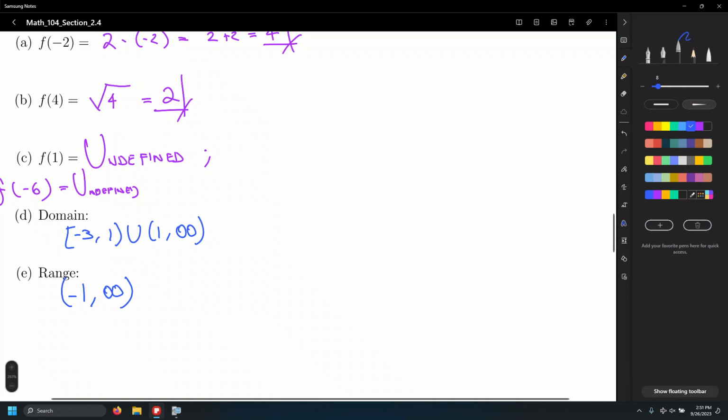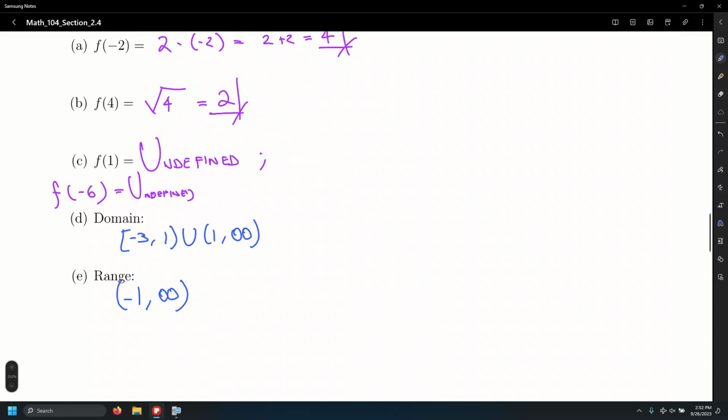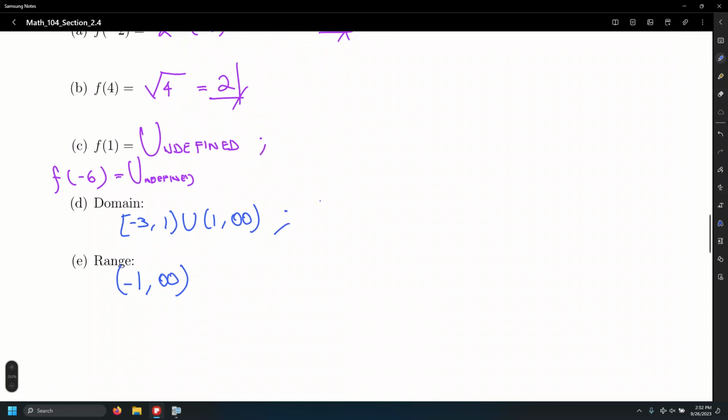Now, how do we express the domain and the range using set builder notation? Because again, we need both notations. So that's the set of x such that, okay, write this in inequality form: -3 less than or equal to x less than or equal to 1, comma, x greater than 1.